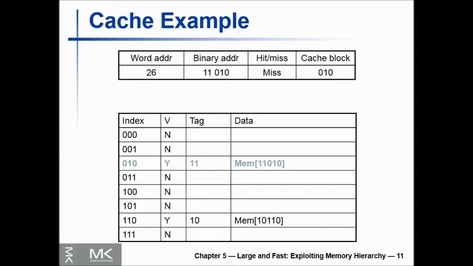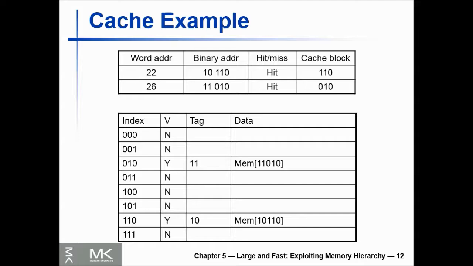Initially our cache is empty, so the index 010 is empty, and that's why it is a miss. Now the computer updates this index with the value 26, and the tag is given; the last 2 bits, 1, 1, are used for the tagging of this memory location.